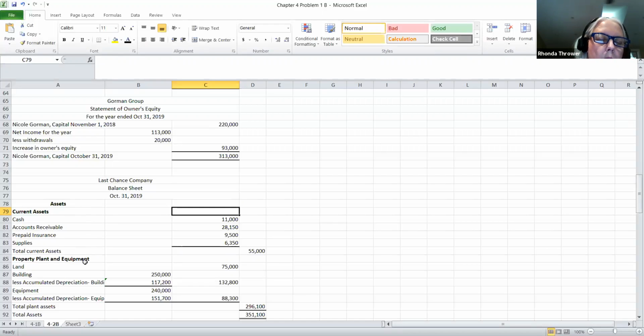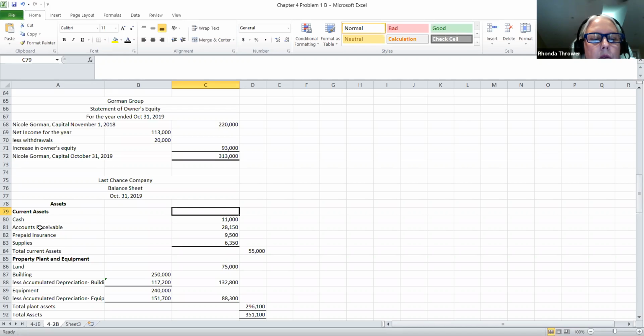property, plant, and equipment, which are your fixed assets or your plant assets that could also have gone in as a title here. You're going to list all your current assets, and those are the assets that we intend to convert to cash, or they are assets that we intend to use up within a year.